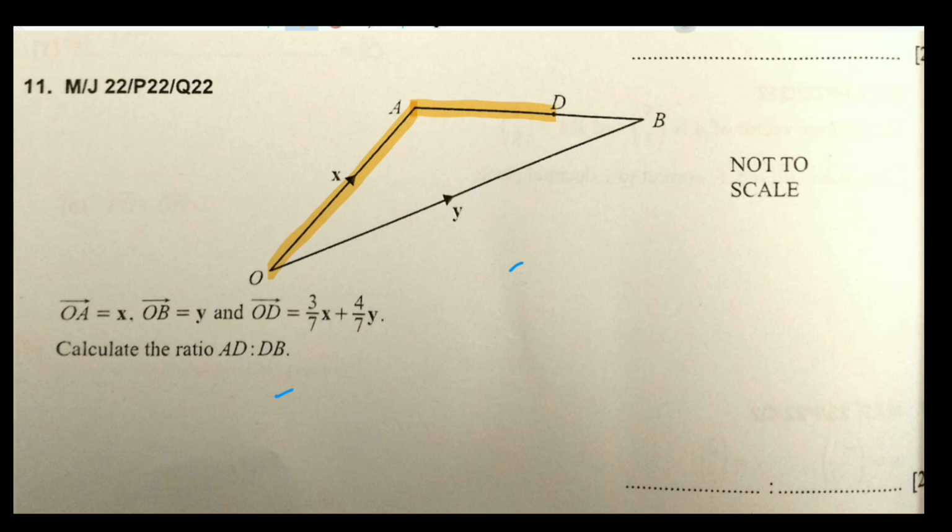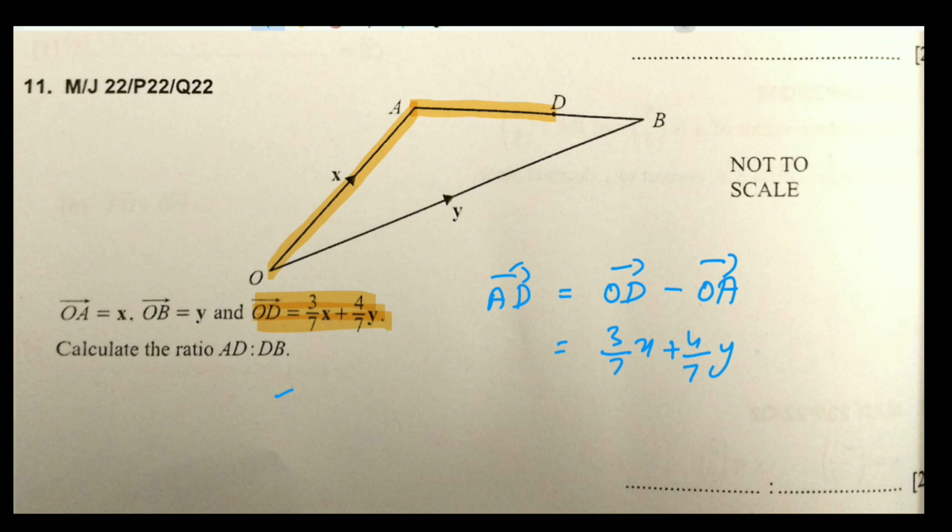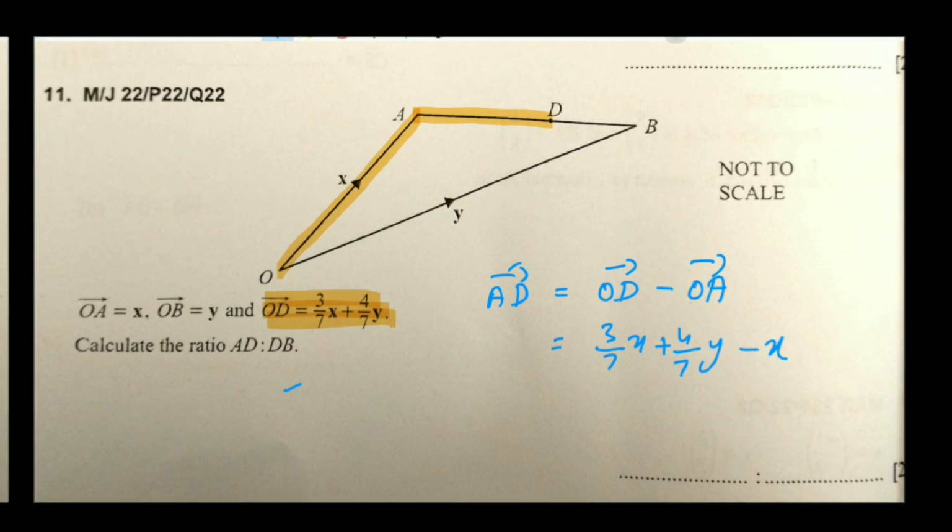So what will we do? We can find AD. AD is equal to OD minus OA. So 3 by 7x plus 4 by 7y minus x.